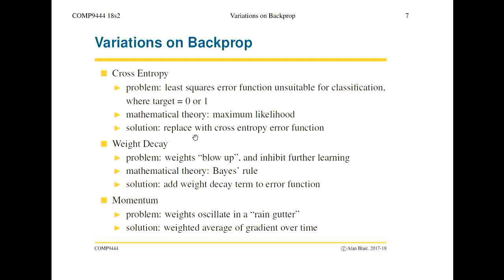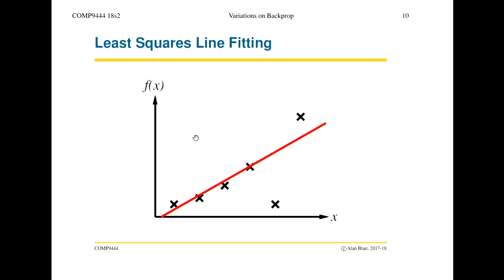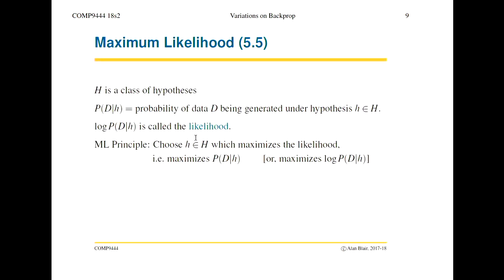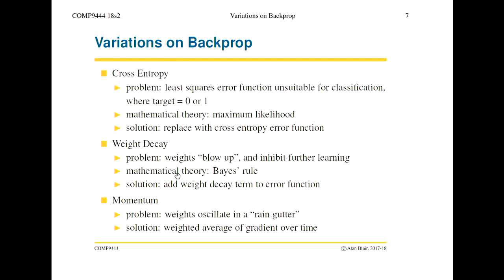So I think we've only got time to discuss one of them today, and then we'll do the others next week. So we'll talk about cross entropy today and defer the others. Now, in each case, there's sort of a hand-wavy kind of justification, and then there's like a mathematical justification.